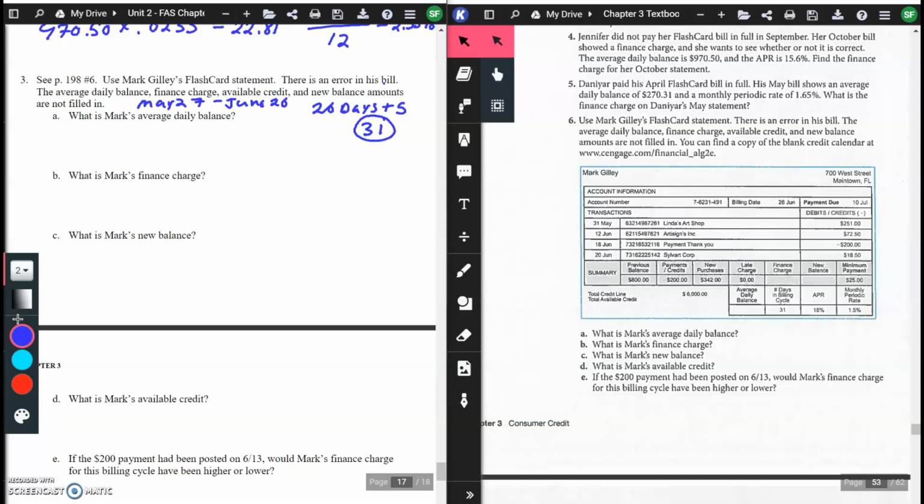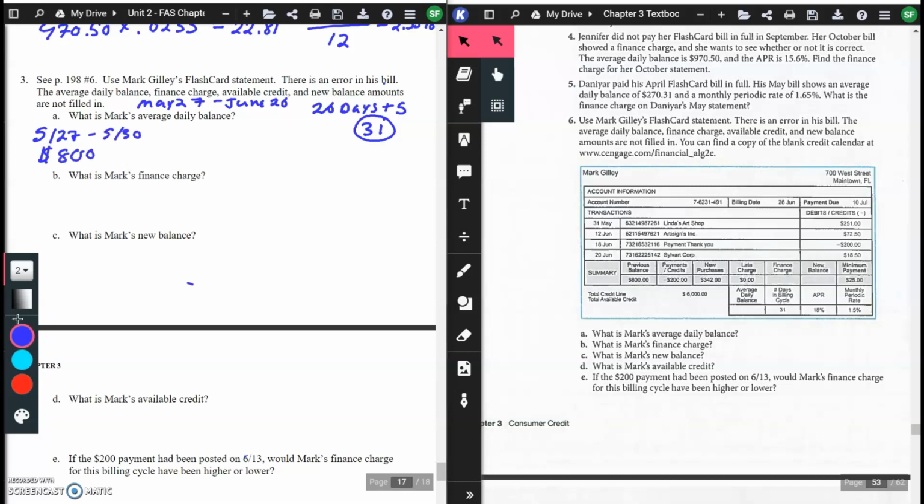His average daily balance, okay, from 5/27 through 5/30, that's 4 days, we had $800 because his previous balance was $800.